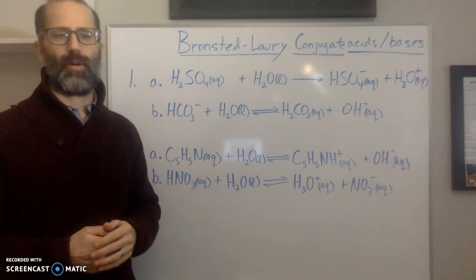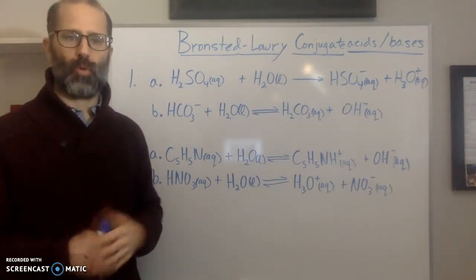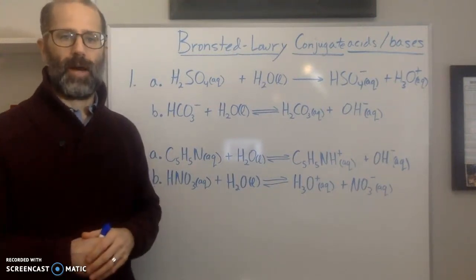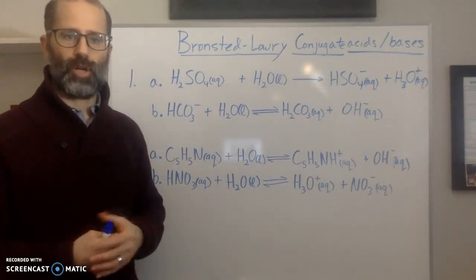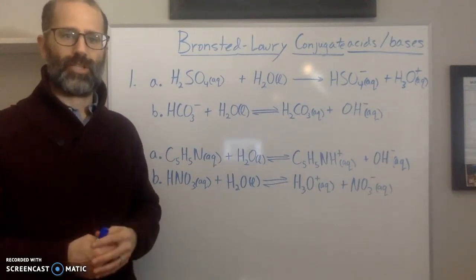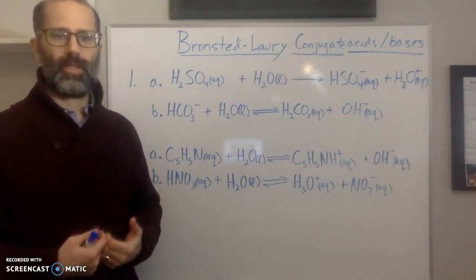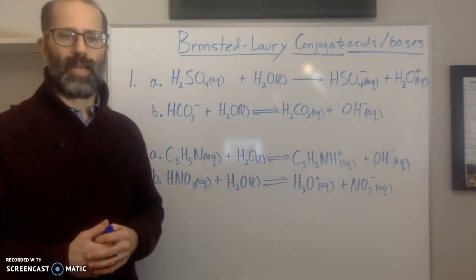And remember, the Bronsted-Lowry definition of an acid and a base is whether or not it accepts or donates a proton, or an H+ ion. If it's a proton donor, or H+ ion donor, then it's an acid. If it's a proton acceptor, or an H+ ion acceptor, then it is a base.